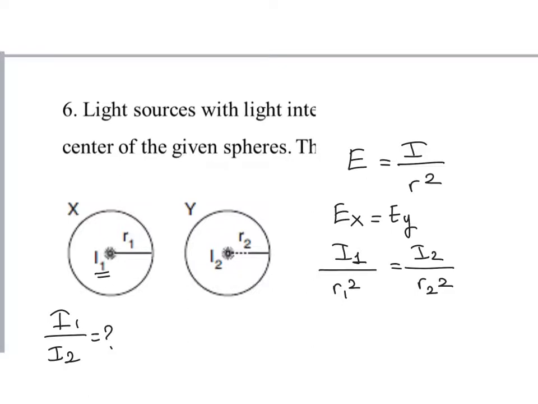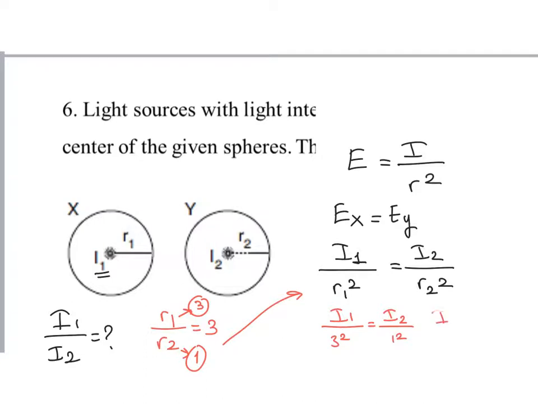It is also given in the question that R1 over R2 is equal to 3, so you can take R1 as 3 and R2 as 1. So put these values inside this equation. I1 over 3 squared is equal to I2 over 1 squared. So I1 over I2 is equal to 9.